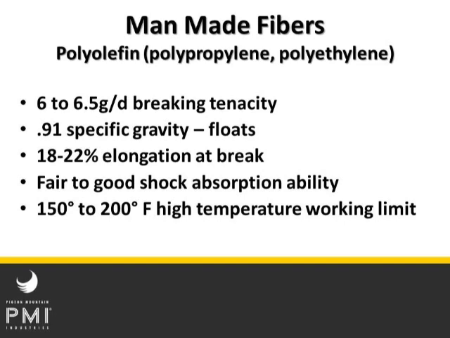The 0.91 specific gravity makes your polyolefins a really great choice for water rescue, even though they're not particularly strong. You see the 6.5 grams per denier breaking tenacity versus the close to 10s that we were seeing in the nylons and polyester. So you're working at 60% of the strength for the same amount of rope there.